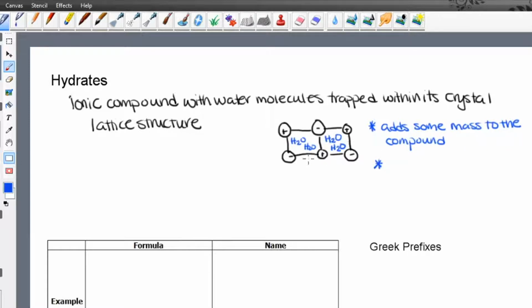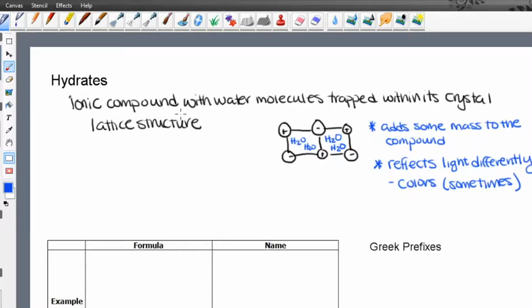It will reflect light differently if there are water molecules trapped inside. So you'll often see some interesting colors in our hydrates that we don't see in our typical solid white ionic compounds. Sometimes we get colors, sometimes, not all the time. There are some hydrates that are also just boring and plain old white.